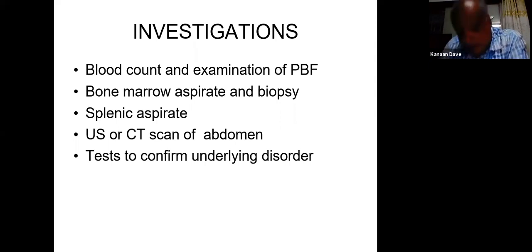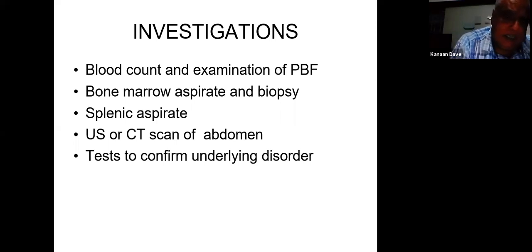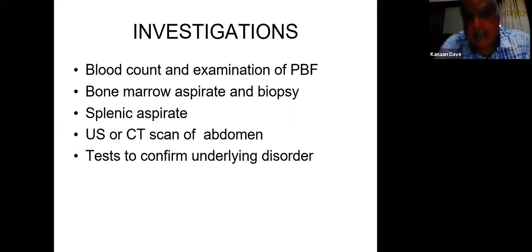Splenic aspirate is also a useful tool when it comes to investigations. It's a fairly easy procedure, but we have to make sure that the coagulation parameters and the platelet counts are normal for the patient. With a splenic aspirate, you can confidently make a diagnosis of leishmaniasis. You can make a diagnosis of Gaucher's disease and other infiltrative conditions.